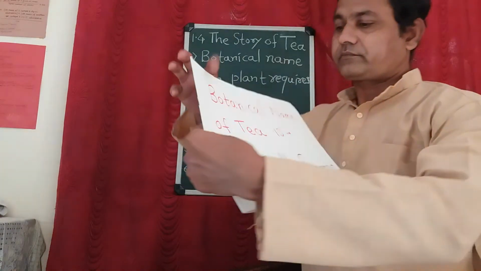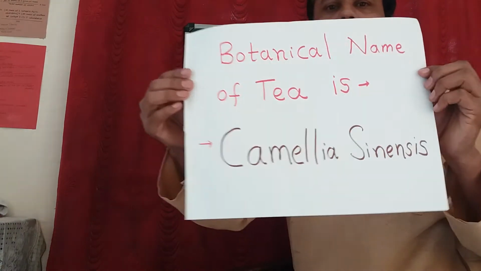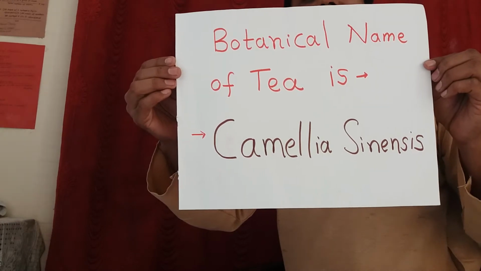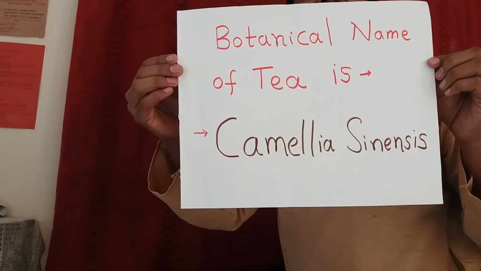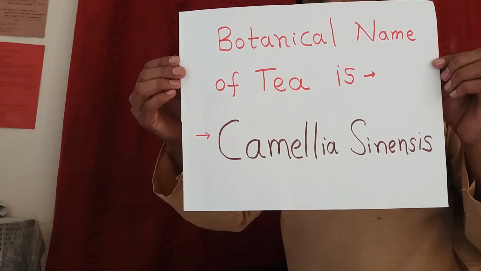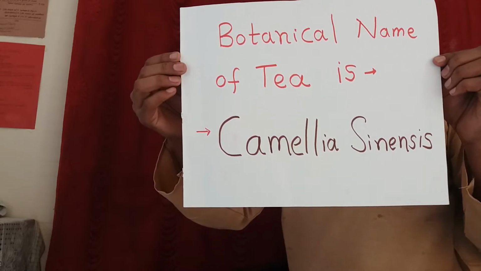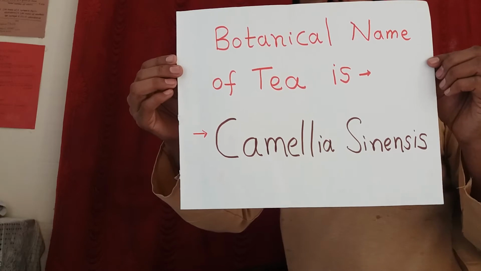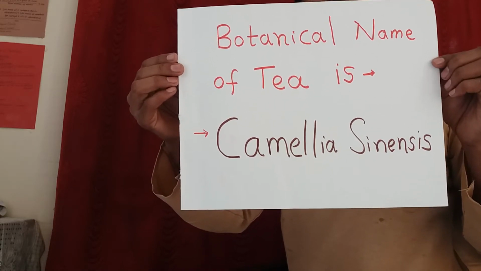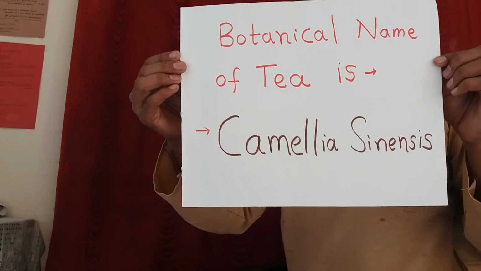The botanical name of tea is Camellia sinensis. This scientific name is made of two words. The first word refers to the genus and the second word refers to the species. So it is Camellia sinensis. Keep it in your mind.